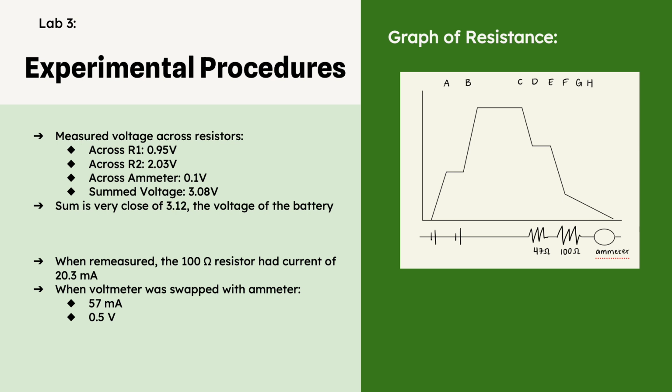When remeasured, the 100 ohm resistor had a current of 20.3 milliamps. And then when a voltmeter was swapped with an ammeter, we found a current of 57 milliamps and 0.5 volts. Here you can see a graph of the resistance, including our resistors, our ammeter, and both of our batteries.